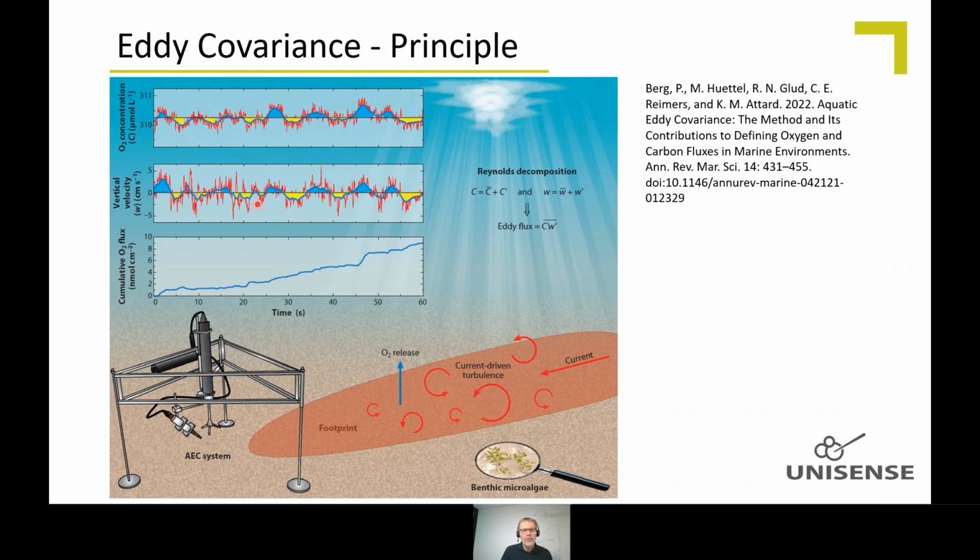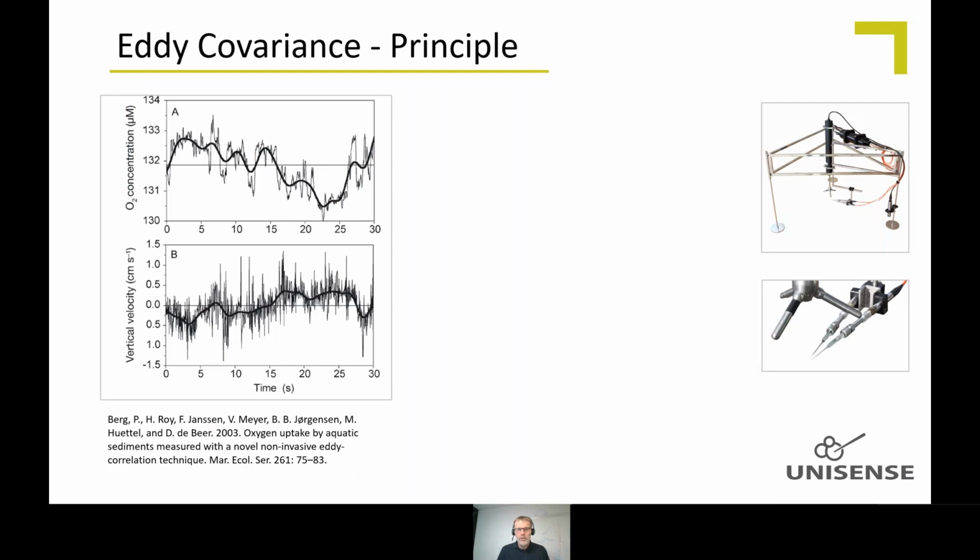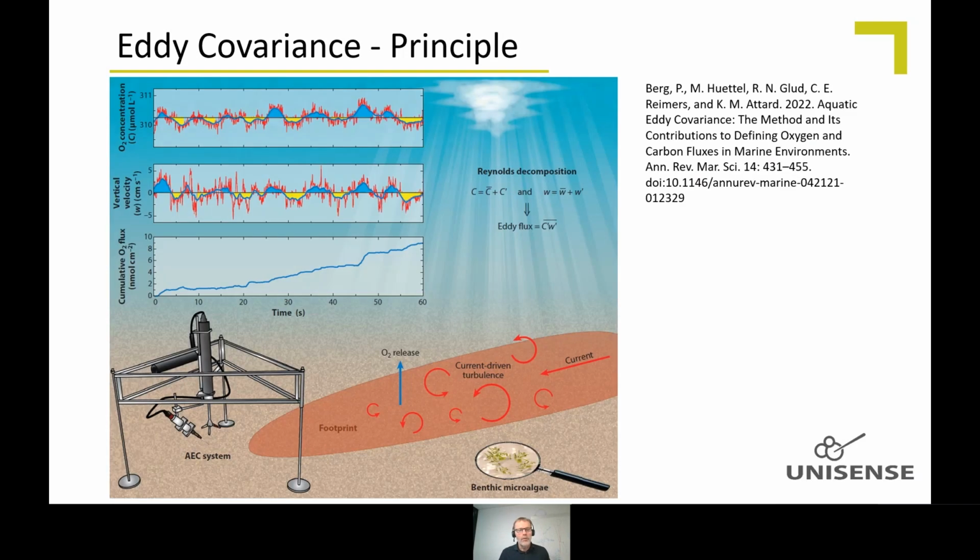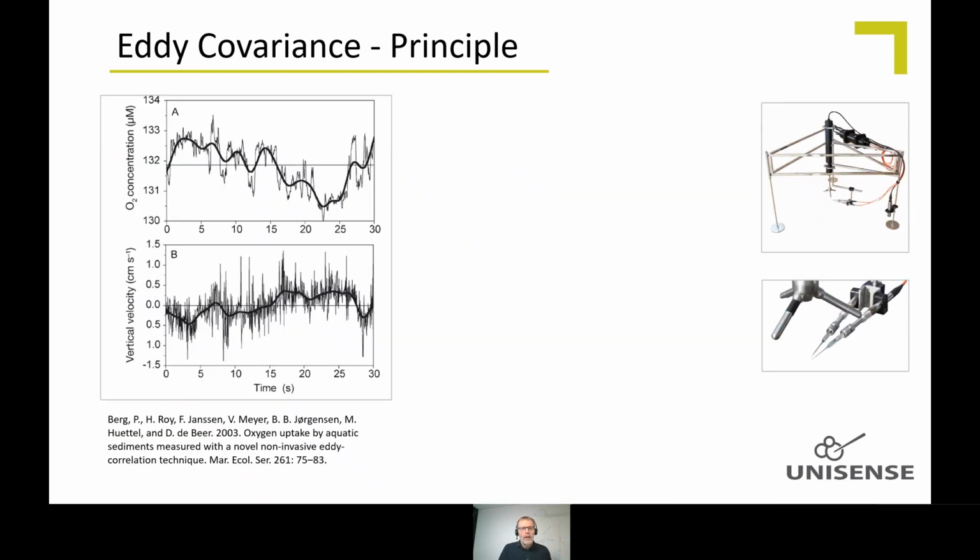When the water comes from the sediment and up to the water column, in the blue parts here, you see there's higher oxygen concentration because there's an oxygen production. And this can be used to calculate then the accumulative oxygen transport as accumulated here over time. This is only 60 seconds, but normally you will do it in longer periods of time.